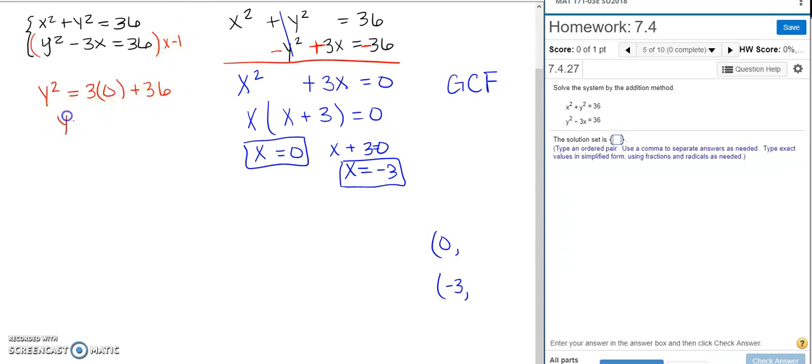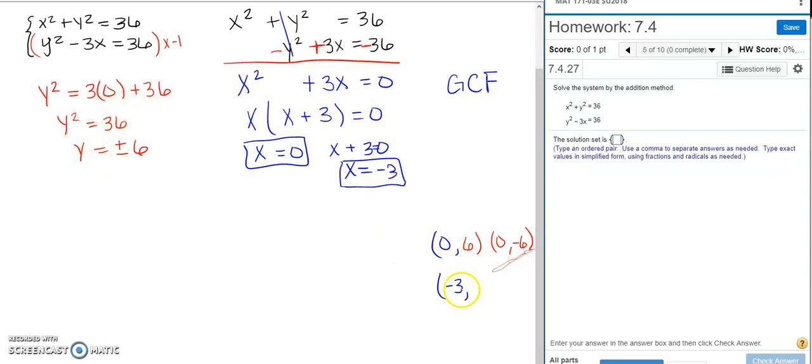So I get y squared equals 36. So y equals the square root of 36, which is plus or minus 6. Oh, so that means 0 goes with 6 and 0 goes with -6. So we have even more solutions here.